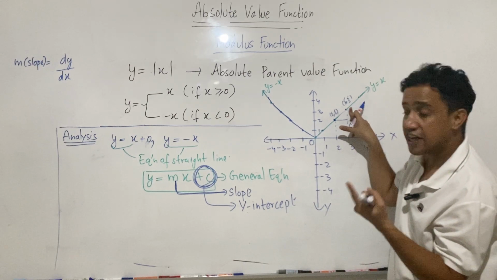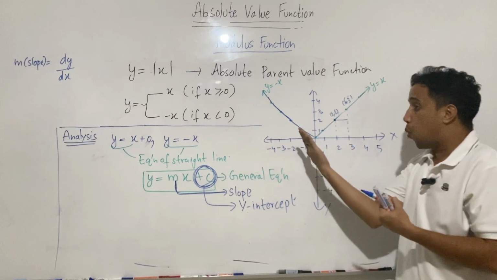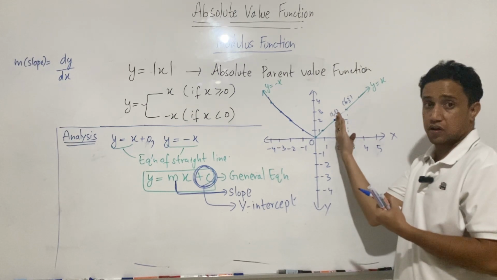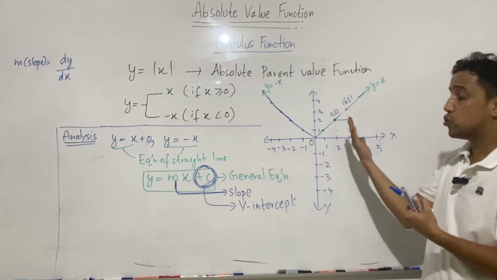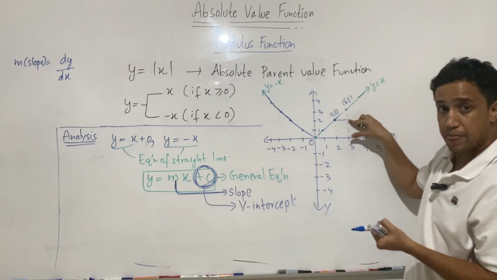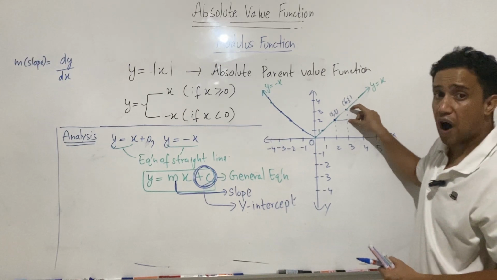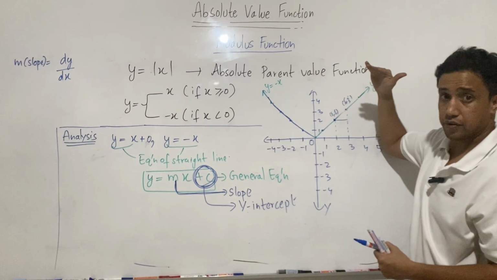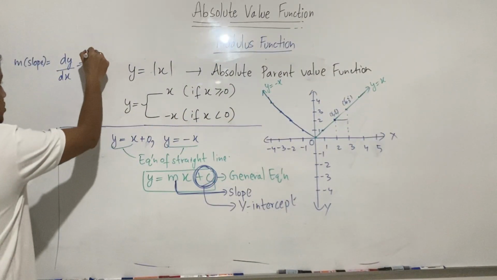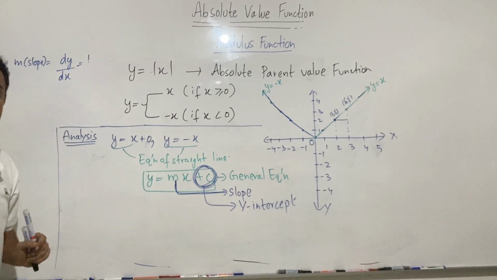What does it mean? It means as you go 1 unit to the right side, you are also going 1 unit up. Your slope is 1.